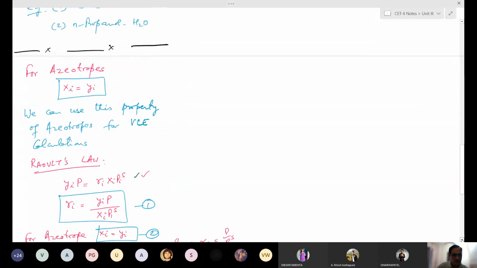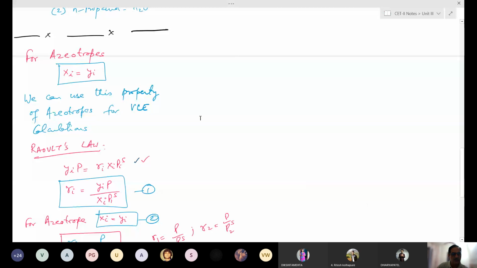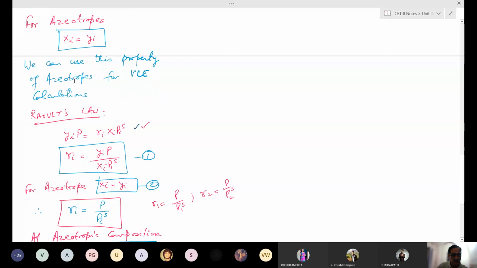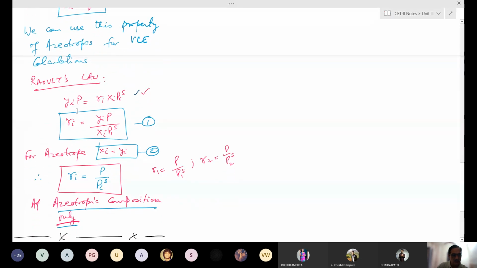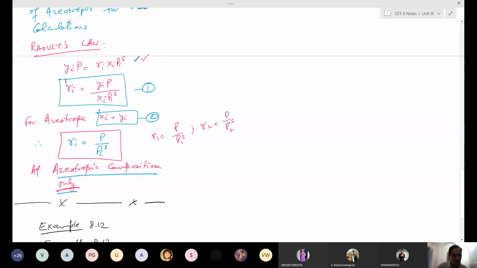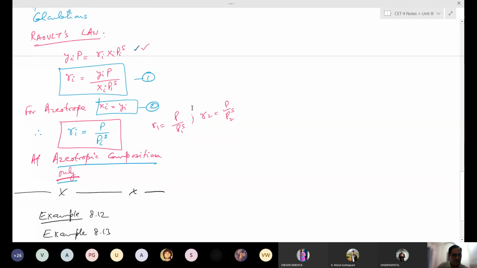For azeotropes, we said at azeotropic composition, liquid composition is equal to vapor composition, so xi equals yi, and we can use this property for VLE calculations. Raoult's law says yi times total pressure is equal to gamma i xi pi-sat, so we can find gamma i, which is yi by xi times P upon pi-sat.